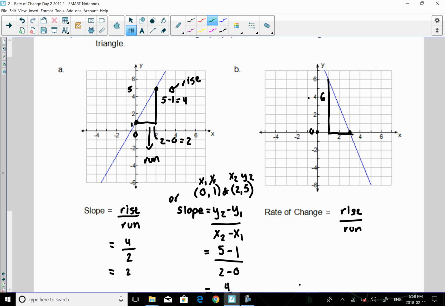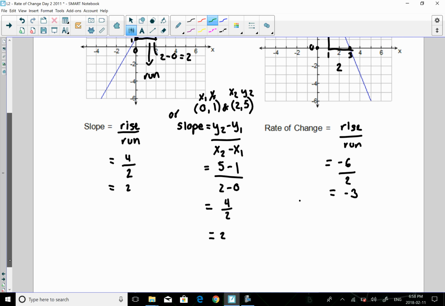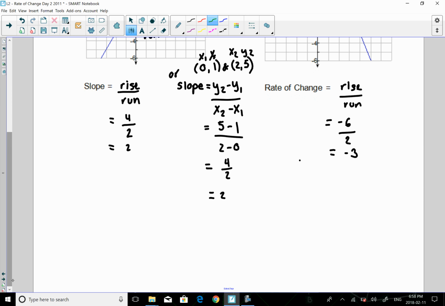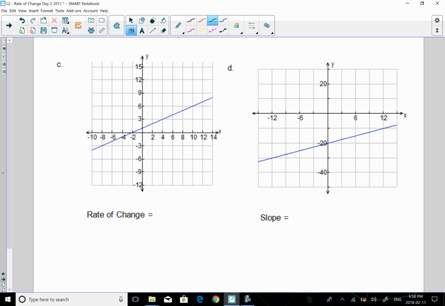That's 6, but we're going down, so it's going to be -6. Downward lines have negative slopes, and this is from 1 to 3, so that's a difference of 2. So I get -3. That's my rate of change, also known as slope. So again, any 2 points on your line. Let's keep practicing these.